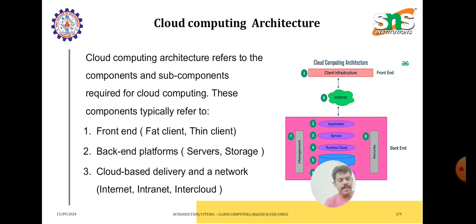The server could be for storage purposes or any other processing purpose. And the third important component is the network, where the cloud delivery services happen, and that could be intranet or internet or intercloud. So these three subcomponents of cloud computing create the architecture.